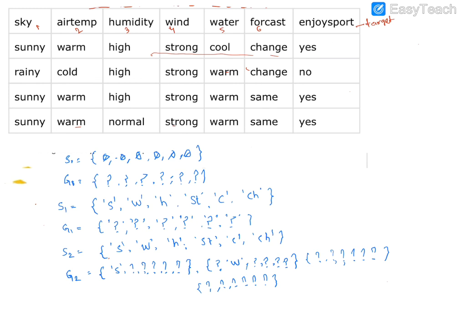Next, warm. Actually what is there? Warm. Here what is there? Cool. So there is a change. What do we have to do? General to specific. So G2, 1 2 3 4, the fifth record. What is the fifth record? Rainy, cold, high, strong, warm.